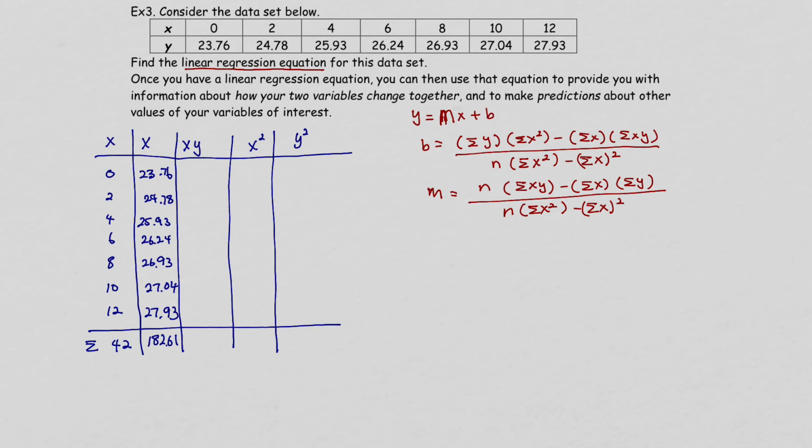And when you multiply x times y, 0 times any number will be 0. 2 times 24.78, you get 49.56. 4 times 25.93, you get 103.72.